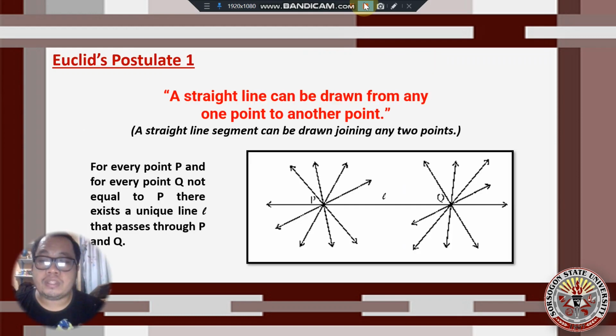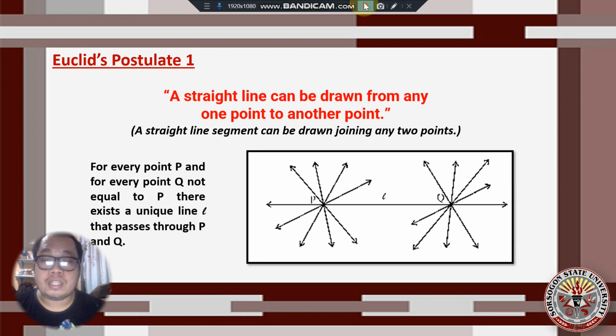Okay, so at this point, let's have his first postulate. The first postulate states that a straight line can be drawn from any one point to another point. In other references, it is stated as a straight line segment can be drawn joining any 2 points.